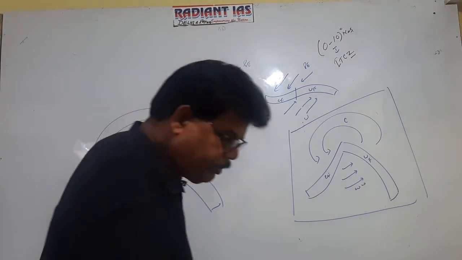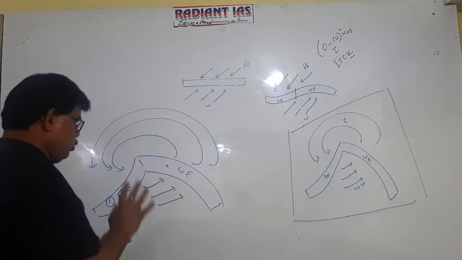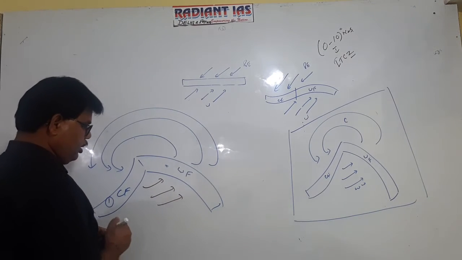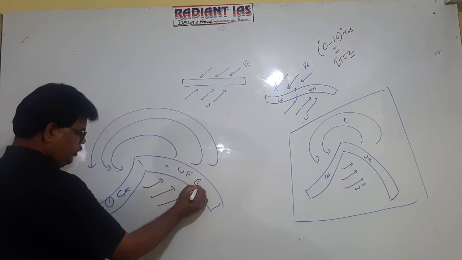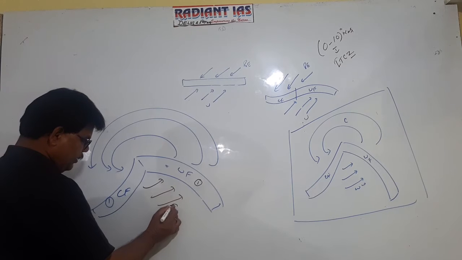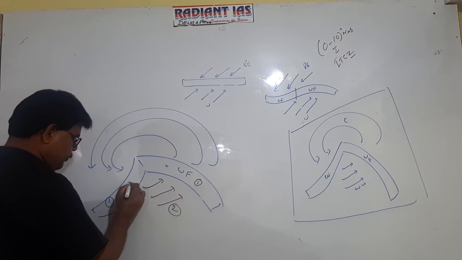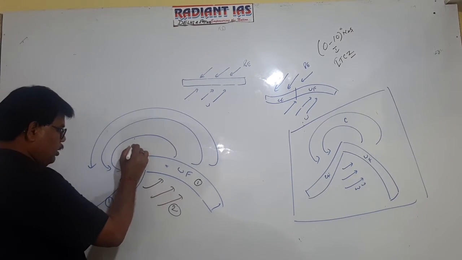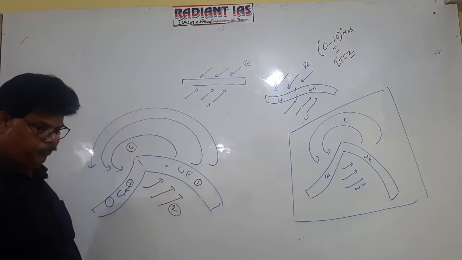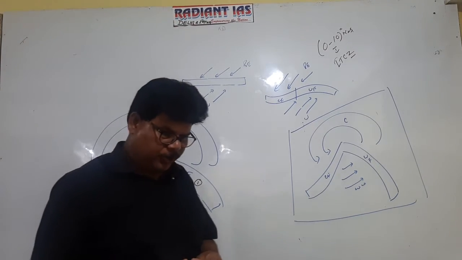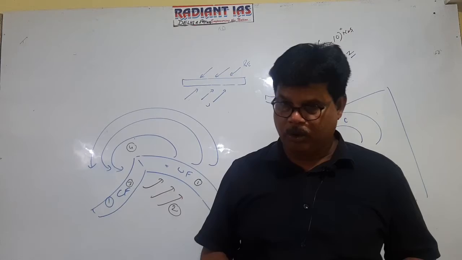In this temperate cyclone we have four subdivisions, four sectors. This is sector first, this is sector second, this is sector third, and this is sector four. So there are four sectors of the temperate cyclone.